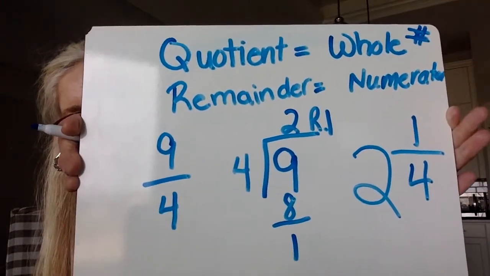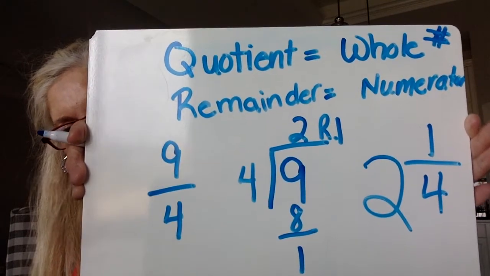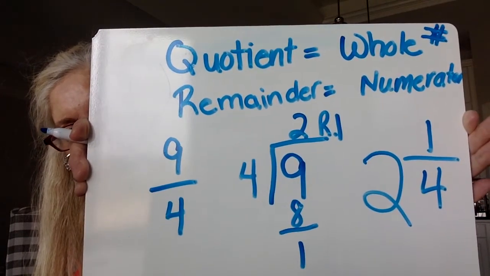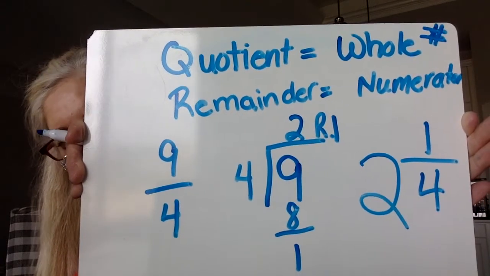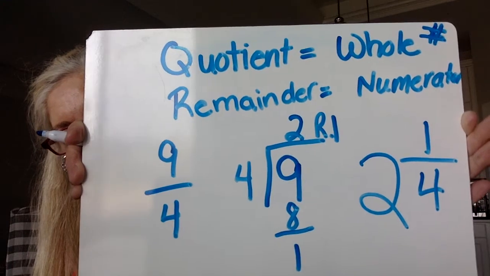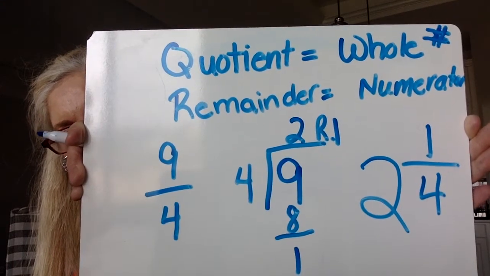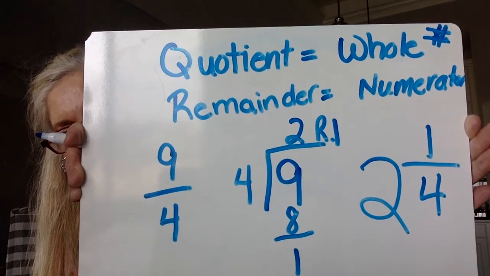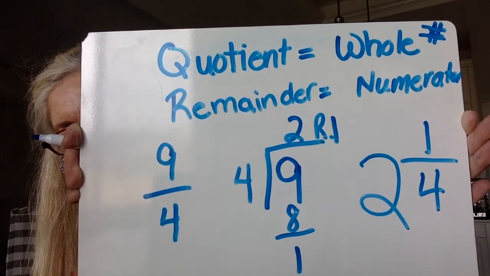Okay? We took our improper fraction and made it into a division problem. Once we had an answer, the quotient becomes our new whole number, the remainder becomes our new numerator, and the denominator does not change.